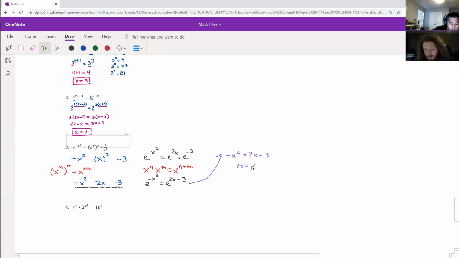And we'll solve it like any other quadratic we've been doing this whole semester. What is this? x plus 3, x minus 1. So then x will be equal to negative 3 and 1.